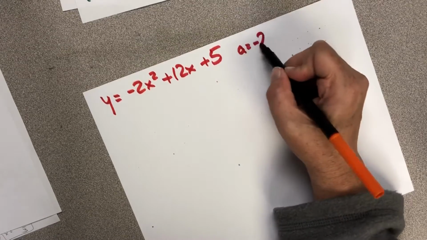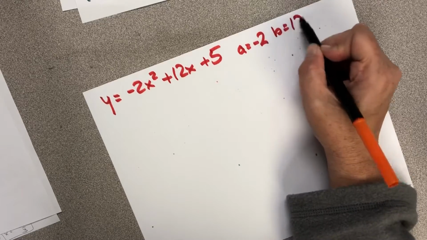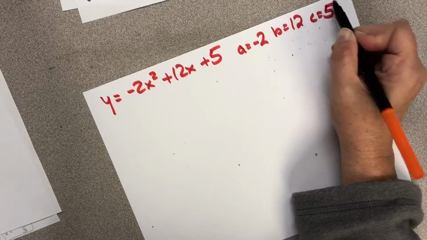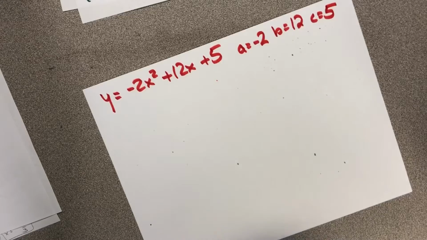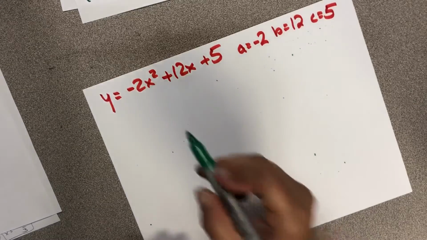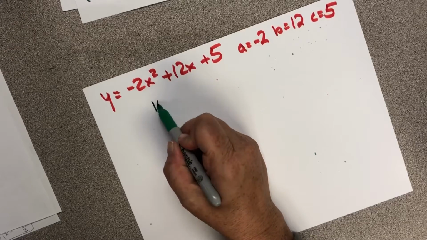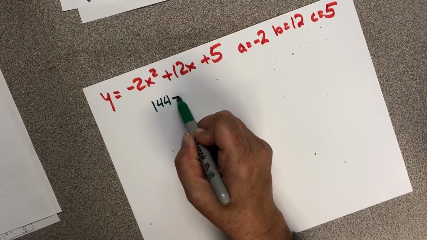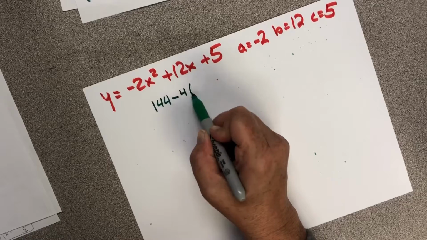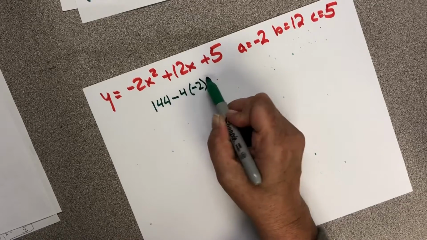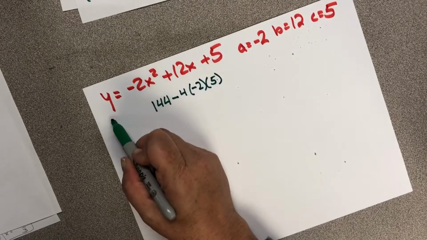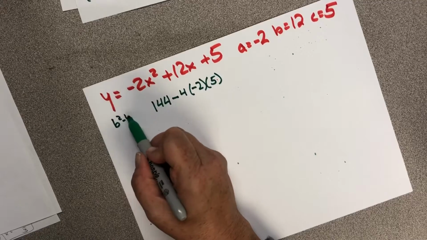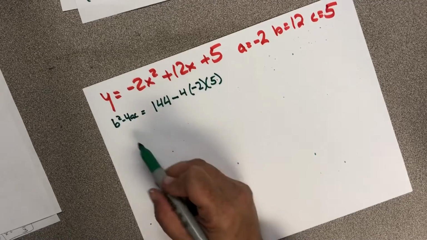a equals negative 2, b equals 12, c equals 5. So b squared minus 4ac is going to be 144 minus 4 times negative 2 times 5. Notice I'm not using a square root sign.